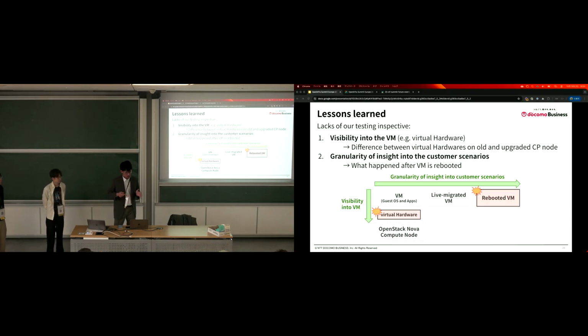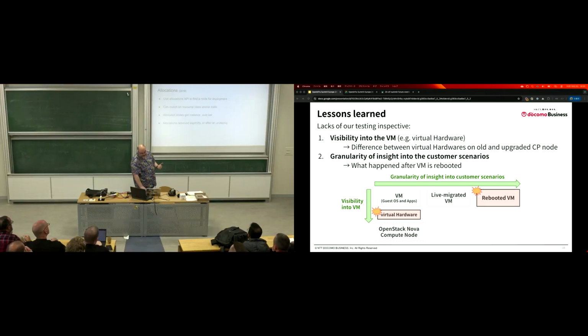If we had been tracking the detailed virtual hardware information, we would have found this issue more quickly. Second, our test coverage of the VM lifecycle is insufficient. It's crucial to imagine the actual scenarios our customers might encounter and incorporate them into our testing.